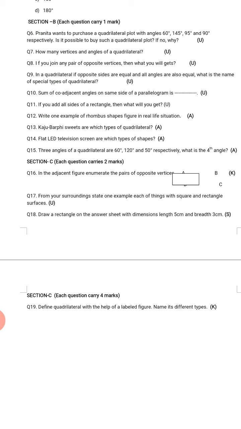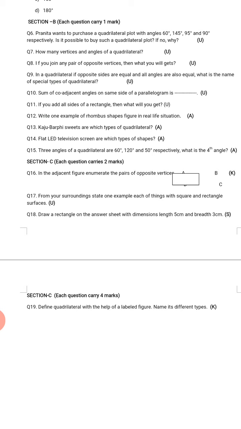This is the long answer question, and it goes to the knowledge: define quadrilateral with the help of a labelled diagram and name the different types. They will define it and also write the names of those types of quadrilateral. So that's why this question goes to the knowledge, and this is the long answer question.